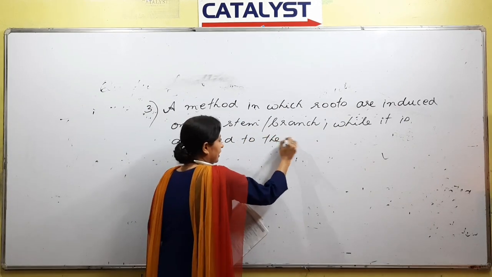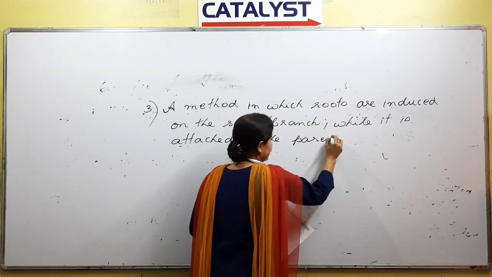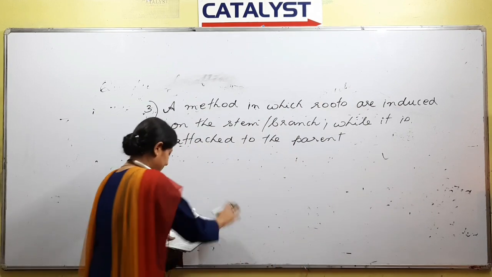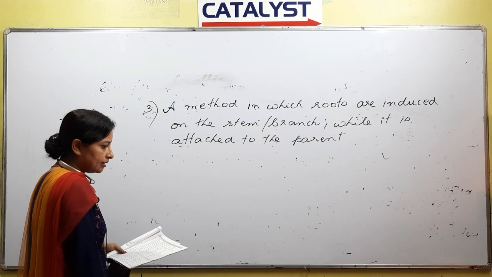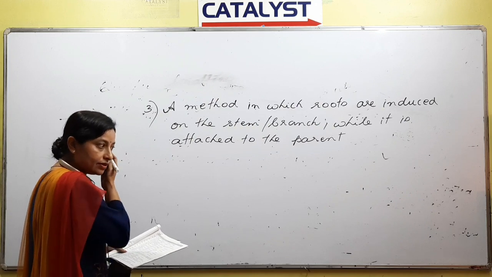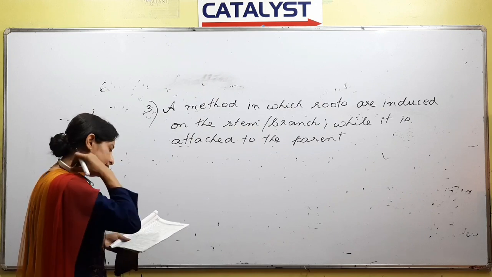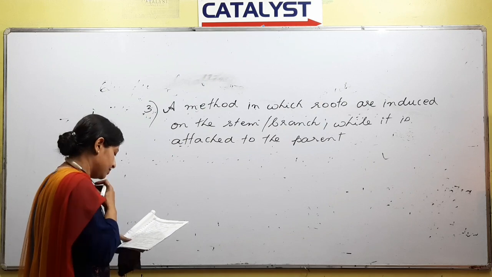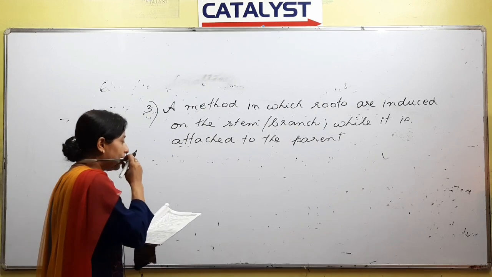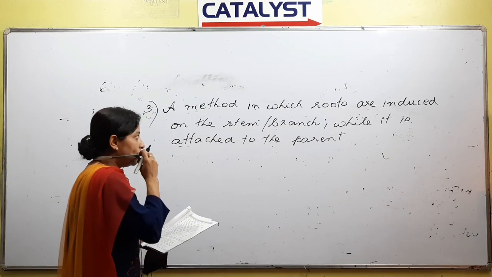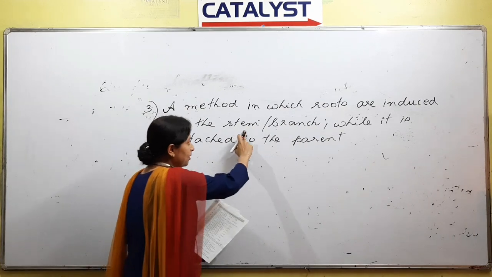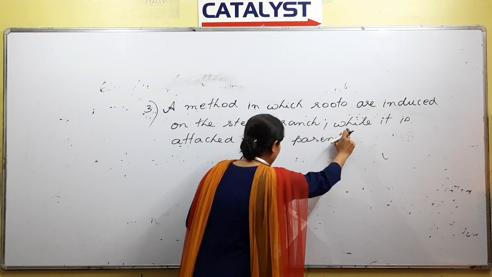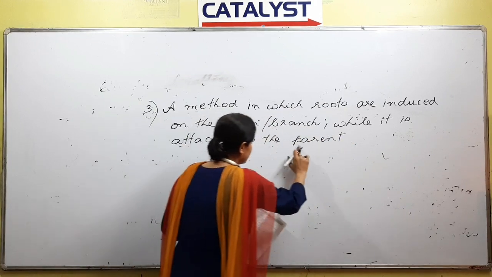Can you give the answer? I'm sorry, which question is this? Okay, a method in which roots are induced on the stem or branch while it is attached to the parent.